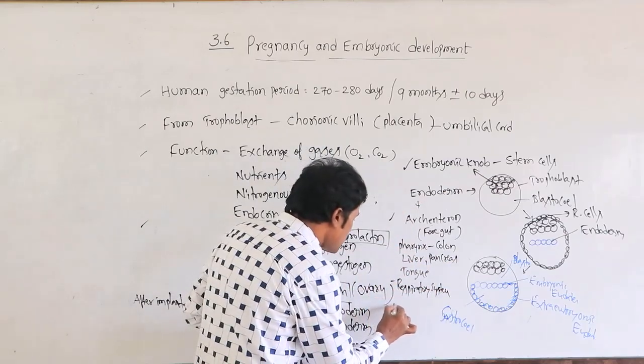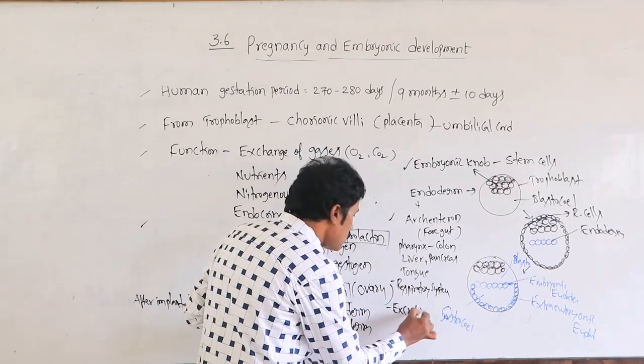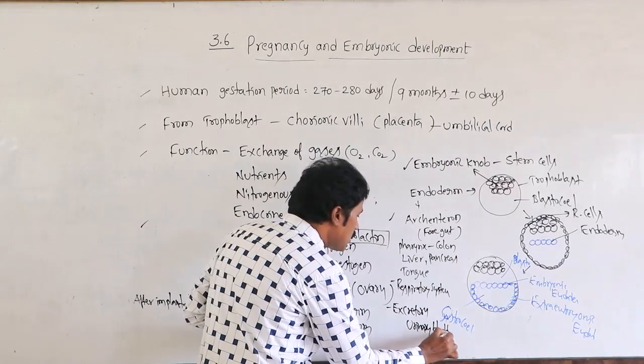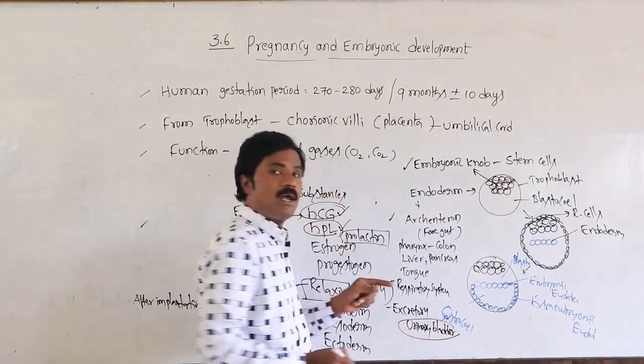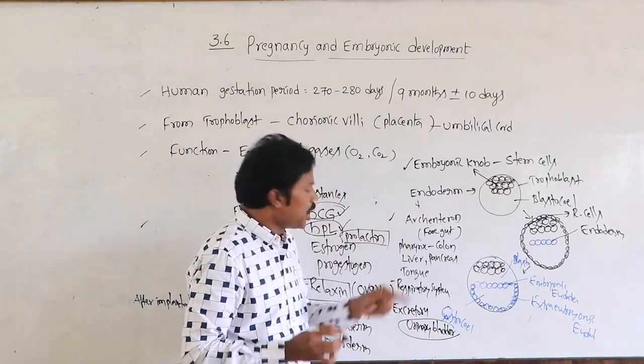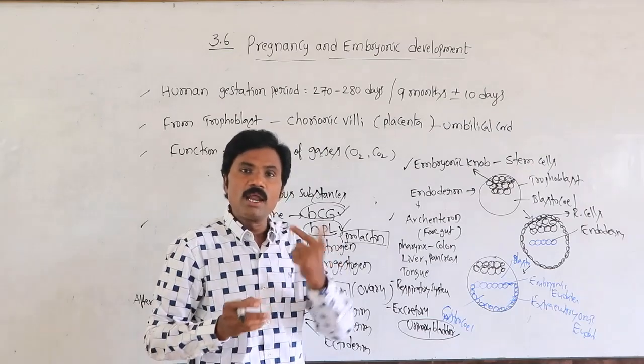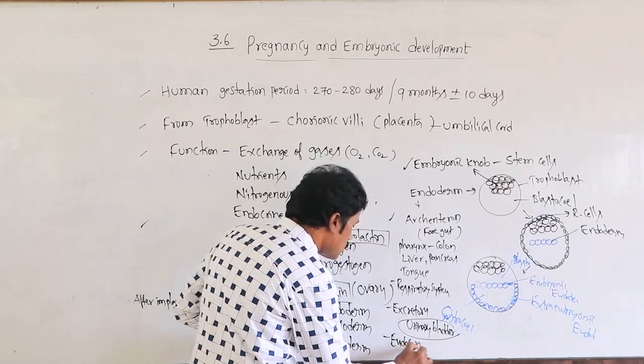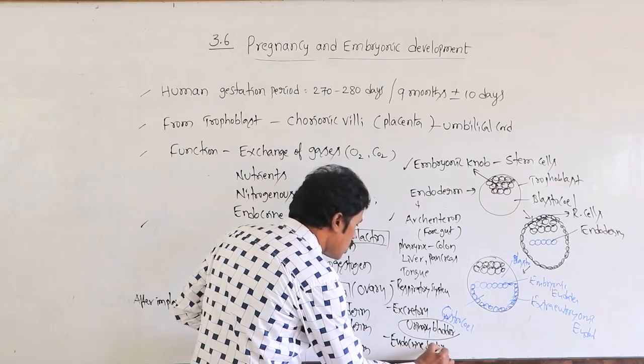Then excretory. In the excretory system, the urinary bladder is formed. Only the urinary bladder originates from endoderm. Then the endocrine system.